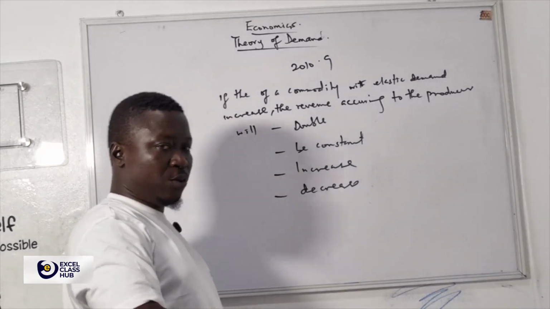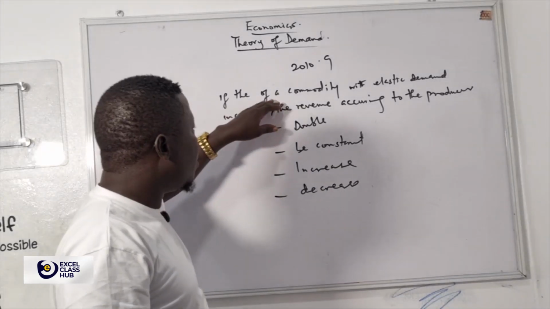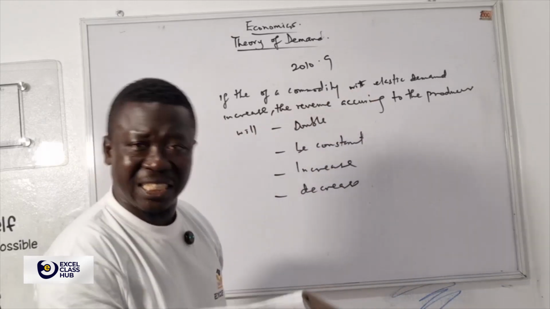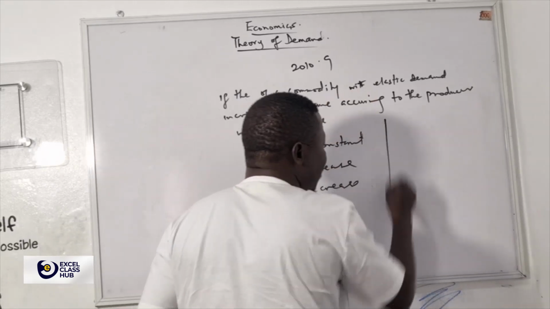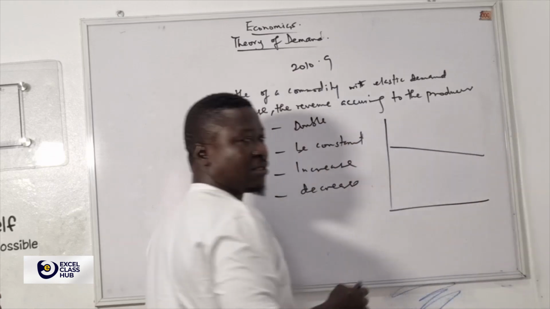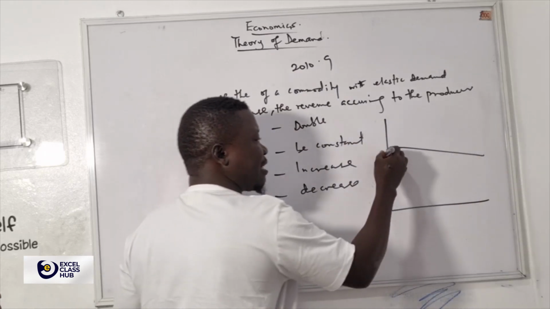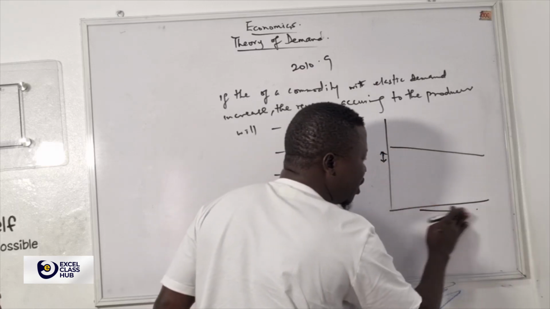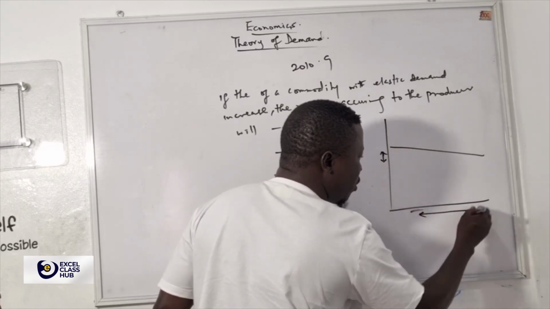Let me explain the question for you. If the commodity with elastic demand, let me first show you what elastic demand is. When I was giving you a call the other time, I told you, elastic demand is when a slight change in price will lead to a big change in what?